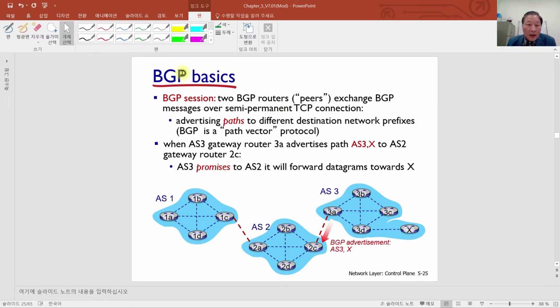Okay, this one is about the basic concept, a little more in detail about the BGP protocol, and that is explained in the video clip as I showed you already. And after watching that video, you can understand it better.